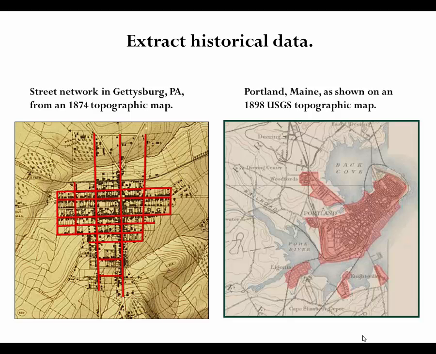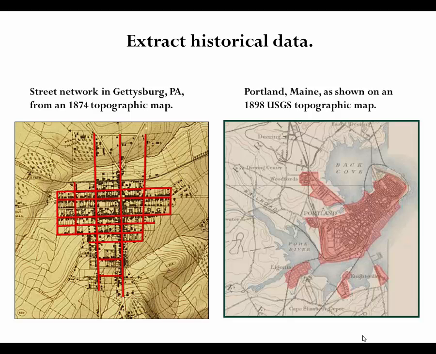The third thing georeferencing is good for is enabling you to extract historical data from one or more historical maps of the same area so that you can bring that data together in GIS. I have two examples here of urban areas. On the left, the street network in Gettysburg, Pennsylvania, which has been digitized and then can be extracted from an 1874 topographic map made after the battle.